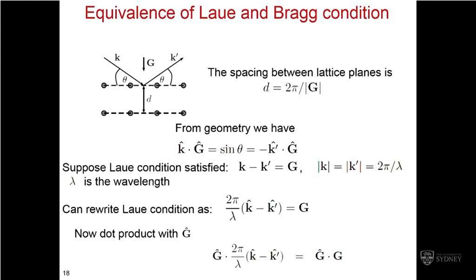You'll be fine. So we have this situation here, and from geometry you can just see that the dot product of k with G, where these have hats on so they're just unit vectors, is sine of theta, and the same thing for the reflected wave vector, with opposite sign.